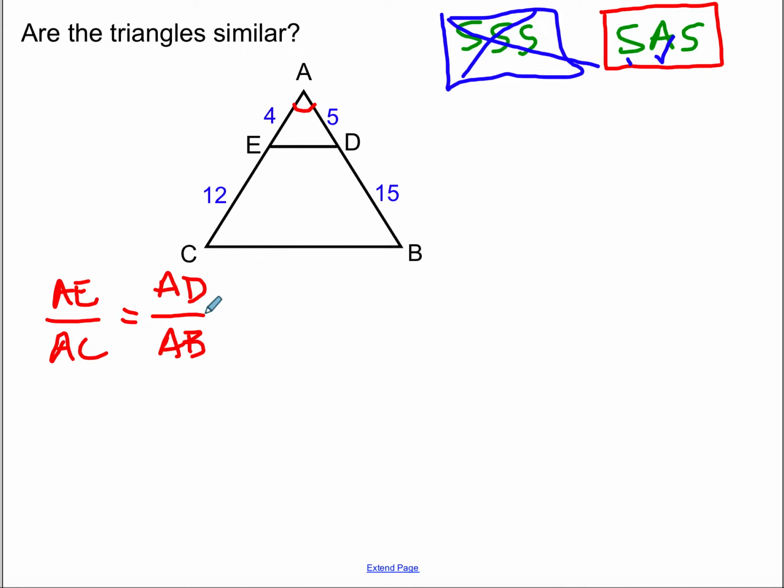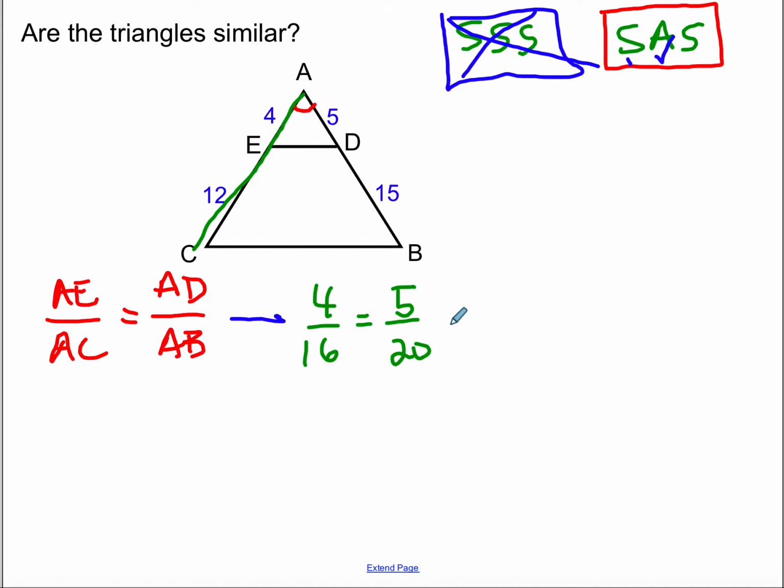So let's plug in what we know. I'll do it in green. 4 is AE. What is AC? AC is this whole side, so that would be 4 plus 12. So 4 over 16 needs to be equal to 5 over 20.